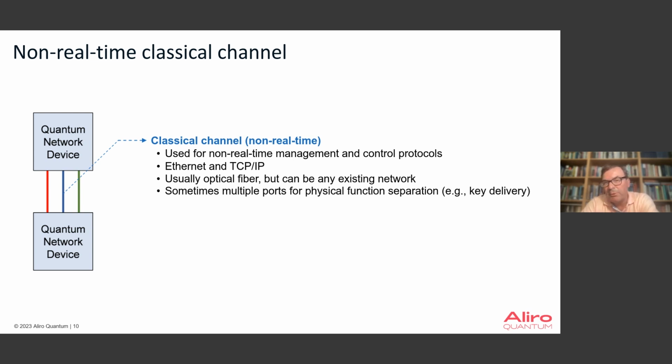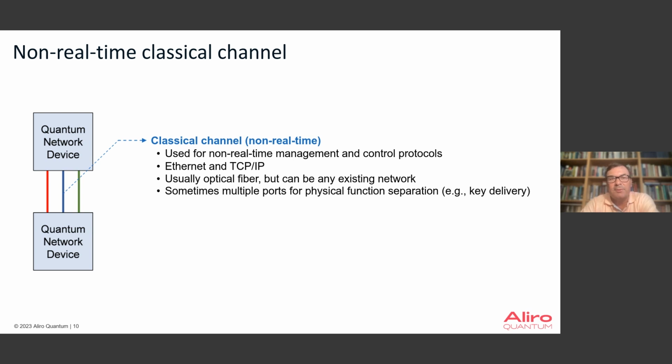A subset of those control protocols is extremely hard real-time, in the sense that they must be synchronized down to the nanosecond level. And those real-time control protocols have to be carried over a separate channel, which I will discuss on the next slide. But most of the control protocols are not of that hard real-time nature.